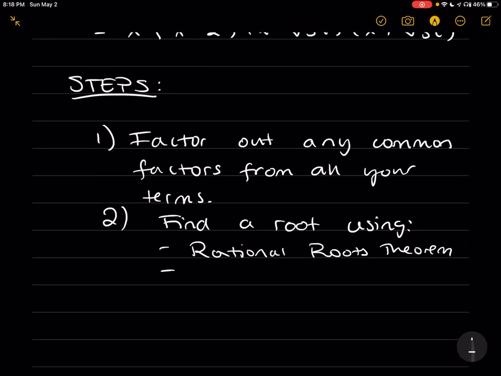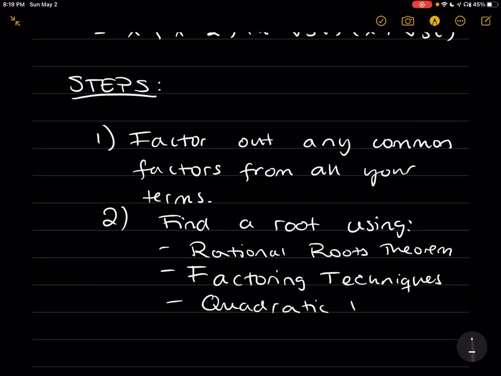You can also use any factoring techniques like factor by grouping. And you can also use the quadratic formula if what you have is a quadratic. So you find a root by hook or by crook.